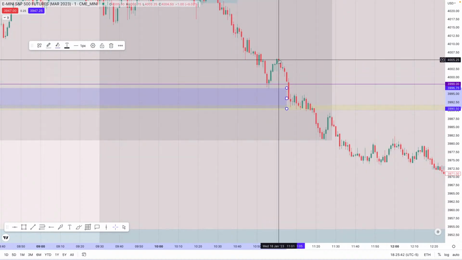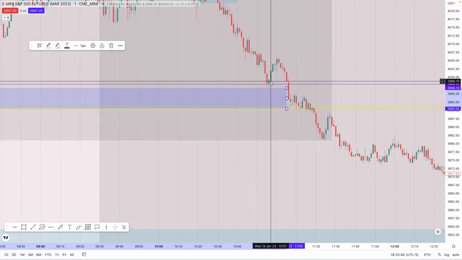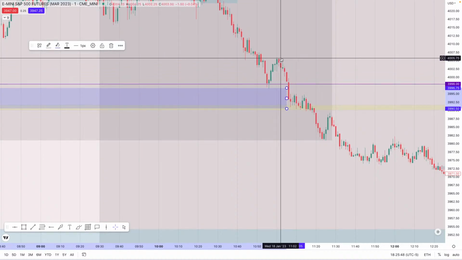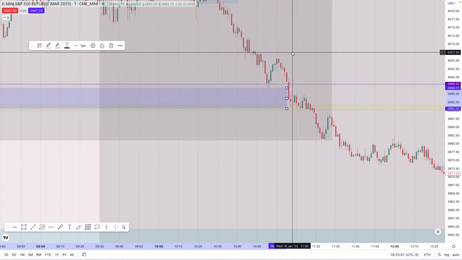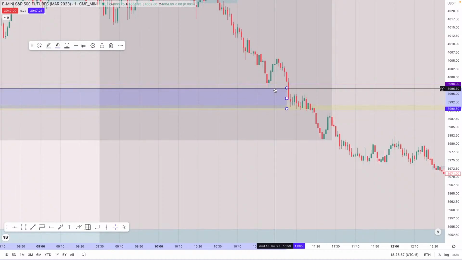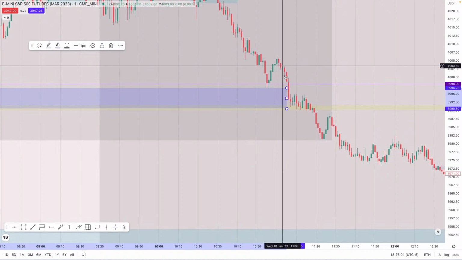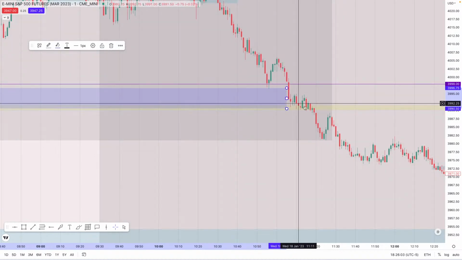Boom, reject, reject, reject. And what is this going to cause? Emotion in people. Oh man, it's going to reverse right now because it rejected here before. It's got to reject here. It's messing with the retail trader's mind. This is a level. It keeps rejecting this level. Oh, so it must reject it again. So then it sends it up and then quickly comes back through.